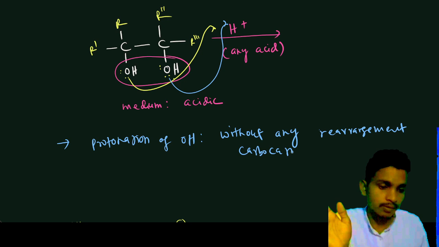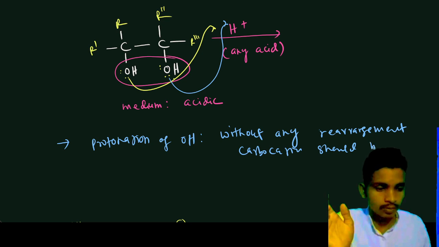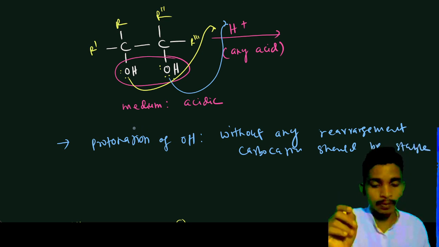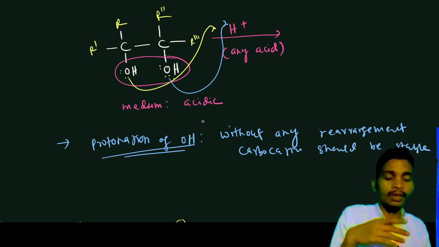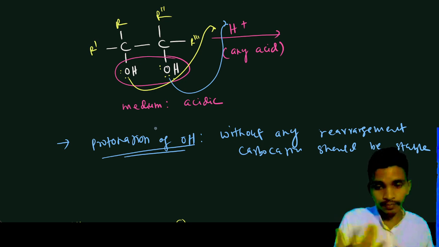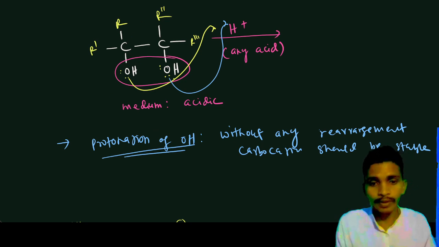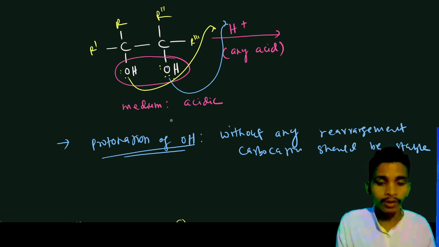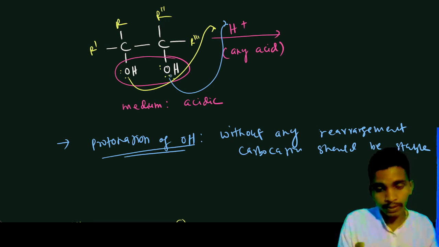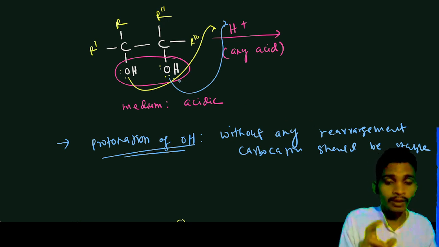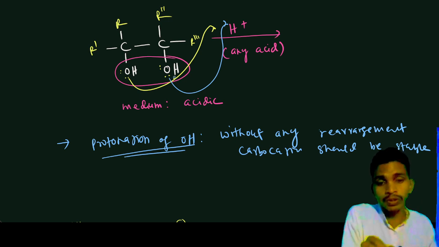The carbocation should be stable. We will understand this by looking at the examples. So this is very important: without any rearrangement, the carbocation should be stable. In that case, that OH will do the protonation.